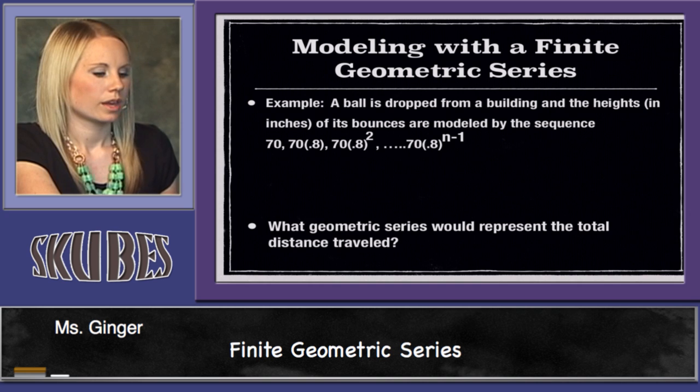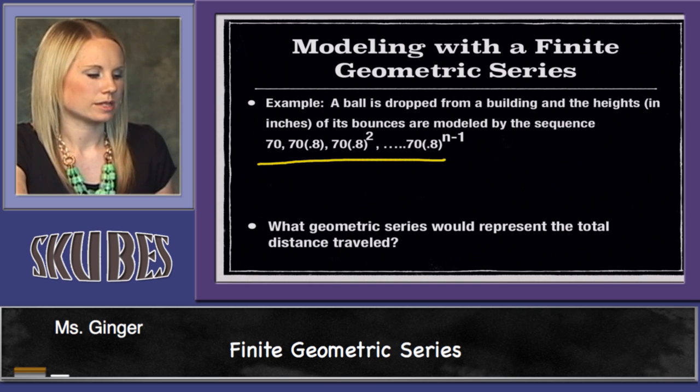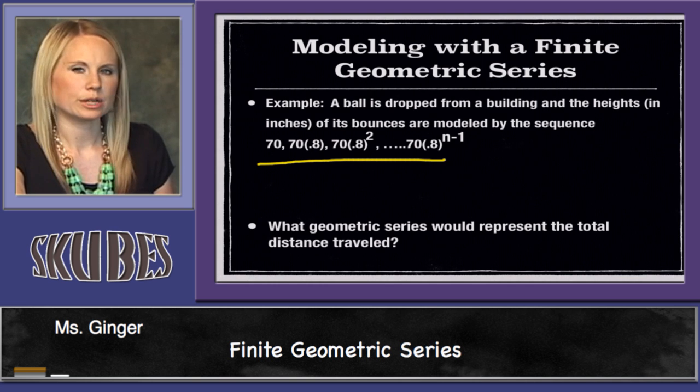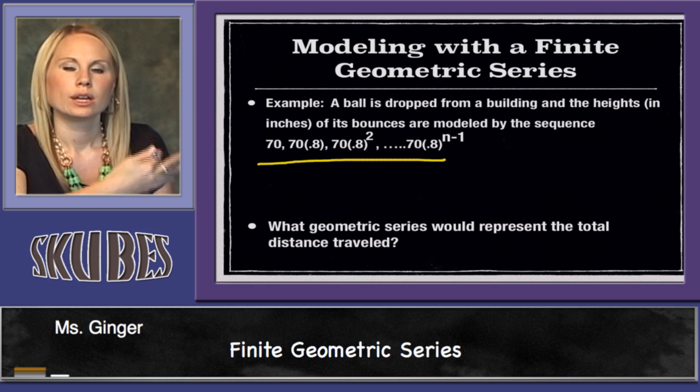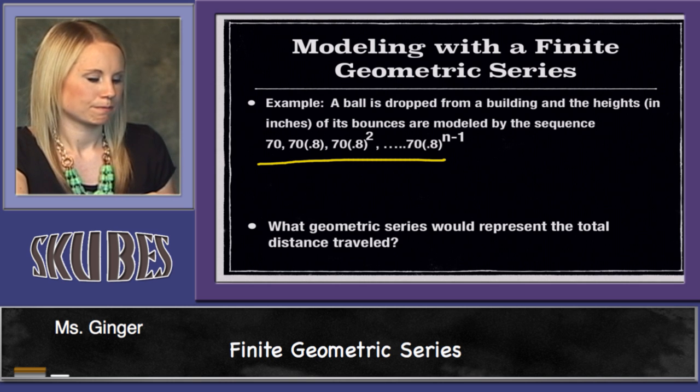Okay, so here's our sequence here, a geometric sequence, and we want to know what series would represent the total distance that this ball is going to travel after it completes the bounces.